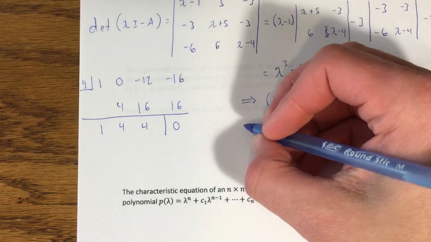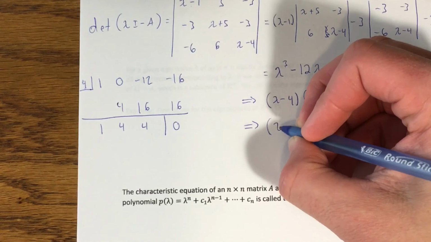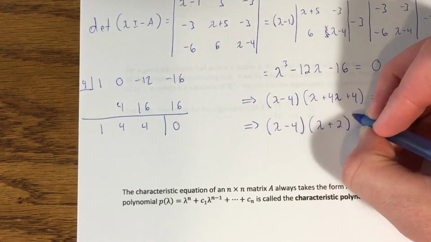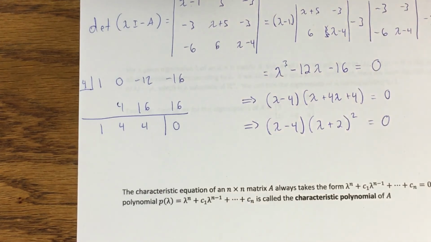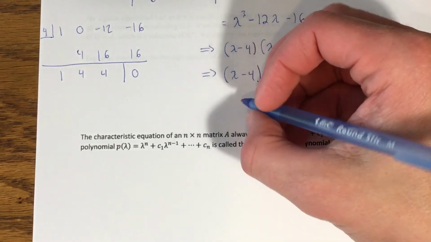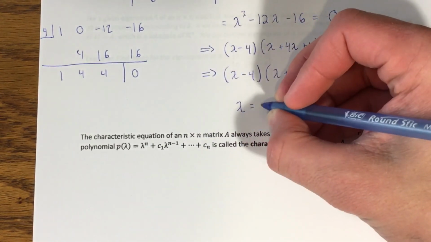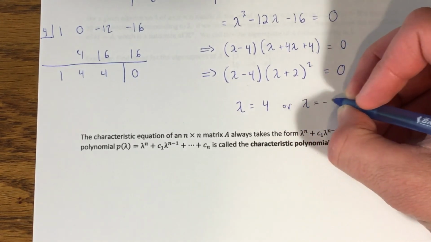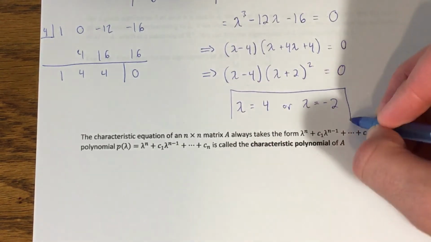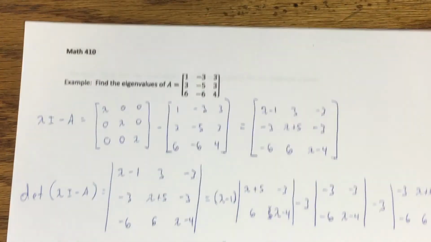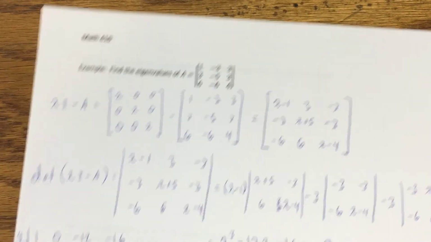That, however, factors down this way: lambda plus 2 squared equals 0. And this is just solving a polynomial. I can find my zeros from here. Lambda will equal 4 or negative 2. Those are the two eigenvalues for that matrix up there.